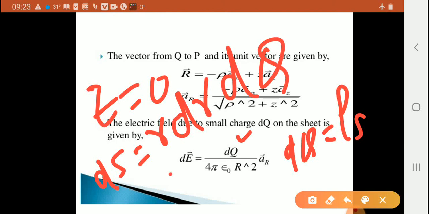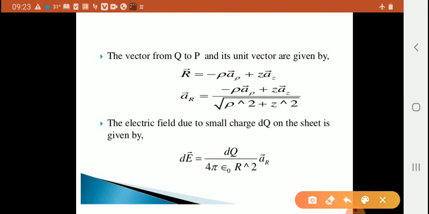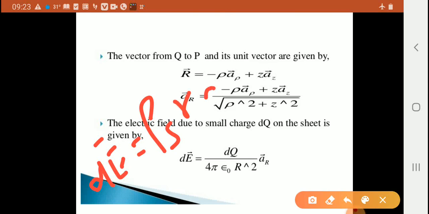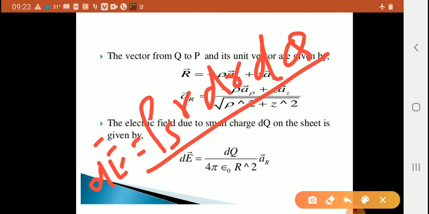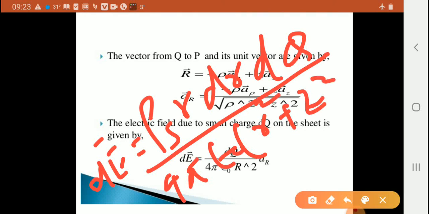So put the value of dE equal to rho s r dr d phi upon 4 pi epsilon 0 (r square plus k z square) to the 3/2 power, and the unity vector.